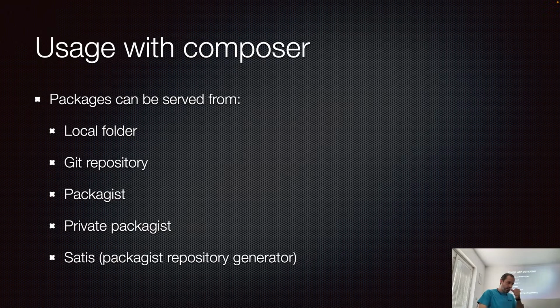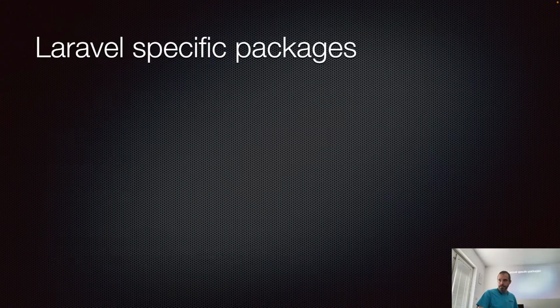What is Satis? It is a static packages repository generator. So basically, you can generate a bunch of folders and files, and you can put it up on your server, and you can use it as a repository for your private packages. Basically, I think that's how Nova works. So then you can add authentication to that server, or use that for private or public purposes.